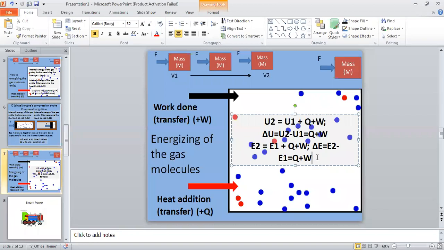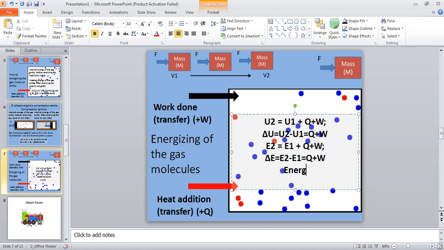So for a closed system, meaning no mass transfer between the surroundings and the system, you have these four expressions. This is the expression we call the energy balance for a closed thermodynamic system.